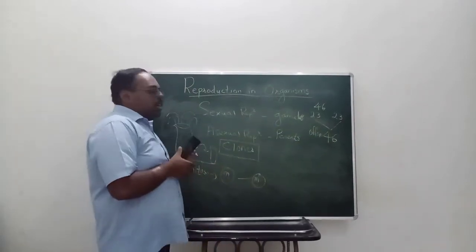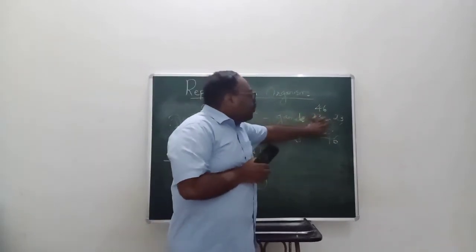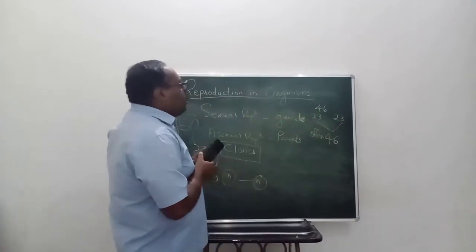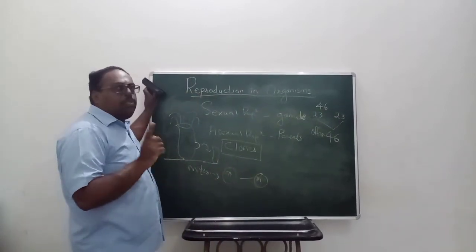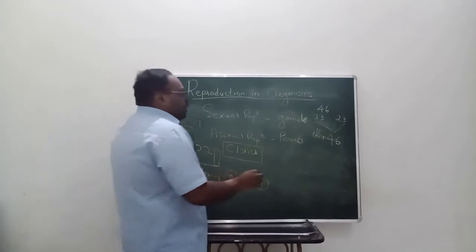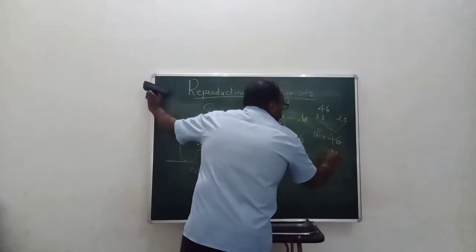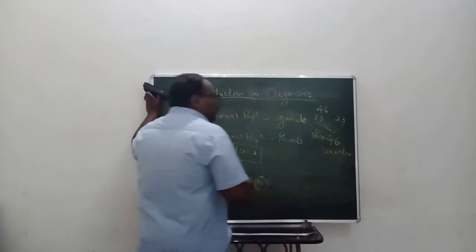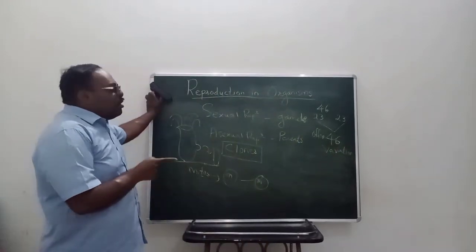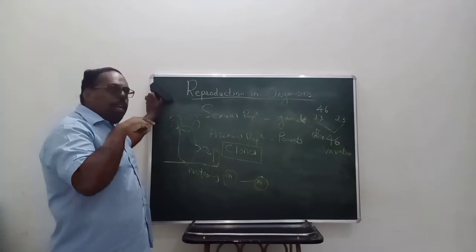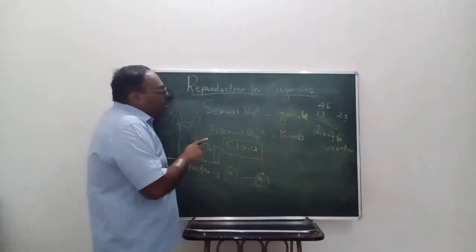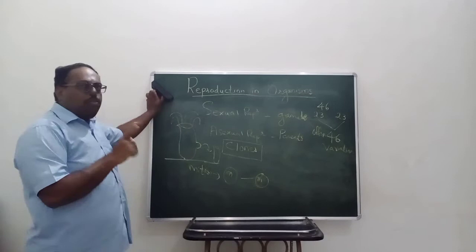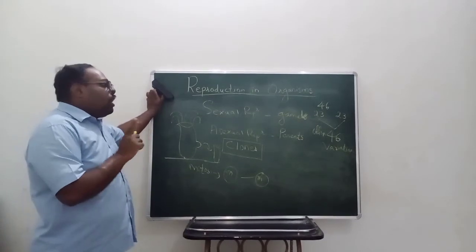So here what is happening? When this 23 and 23 are mixing, there is a chance for variation. In sexual reproduction there is a chance of variation. So if we are getting variation, then there is a chance for more survival.